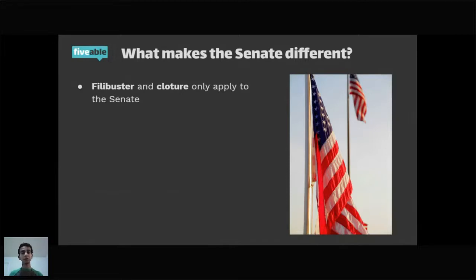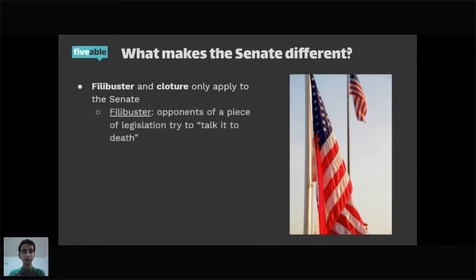All right, so what the filibuster is, and my mouse will work. There you go. A filibuster is basically what happens, and it can only happen in the Senate. This is something that was actually within the College Board description that I took straight off, but the filibuster only happens in the Senate. So the filibuster is basically when opponents of a piece of legislation try to talk it to death.